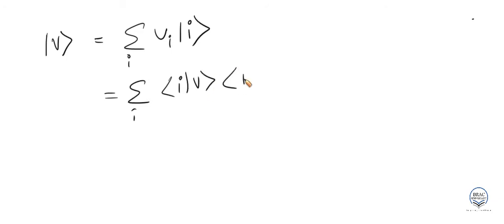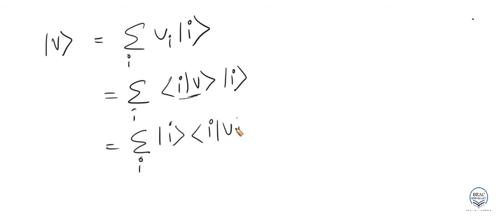And this v_i was written as something like this, where this part was just a number. Since this was a number or a scalar and this is a ket, we can move it around. If you do it, something interesting will happen.